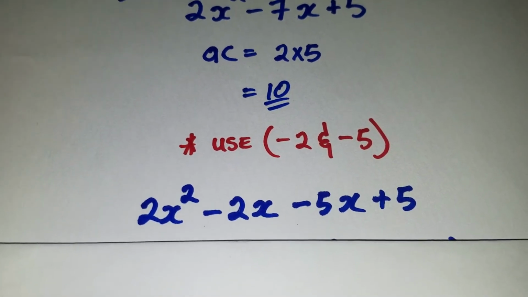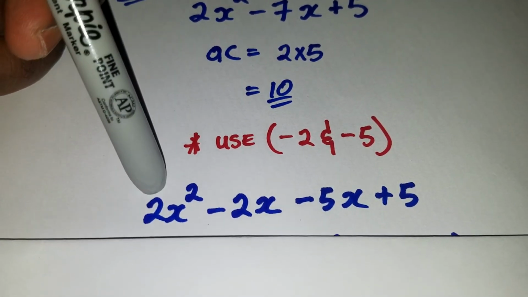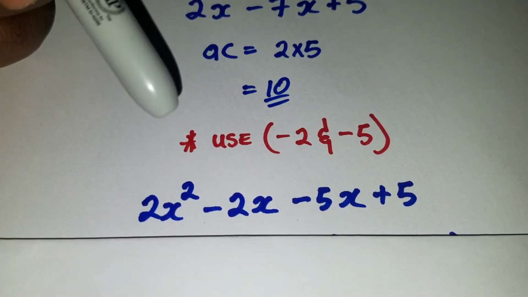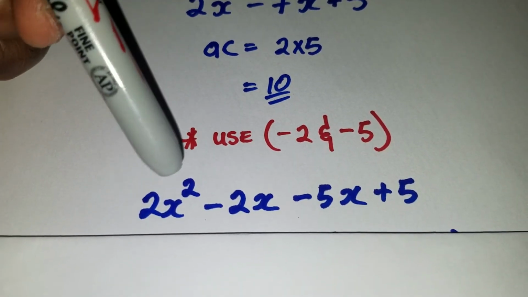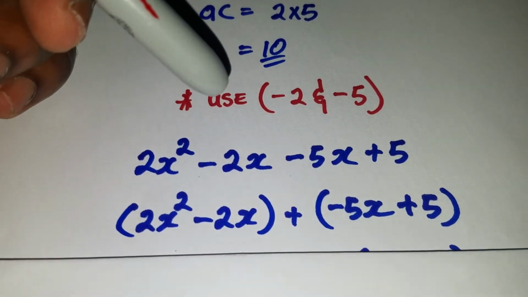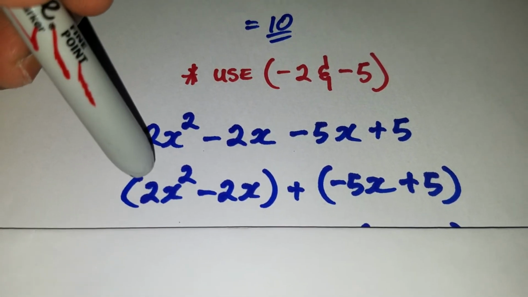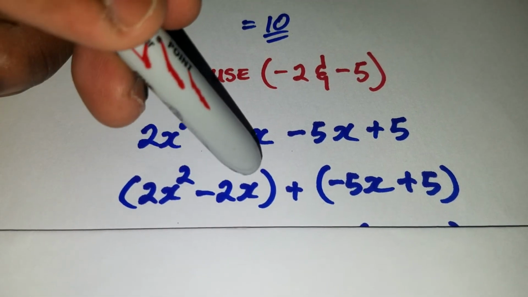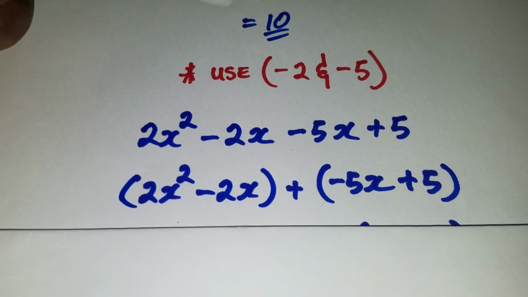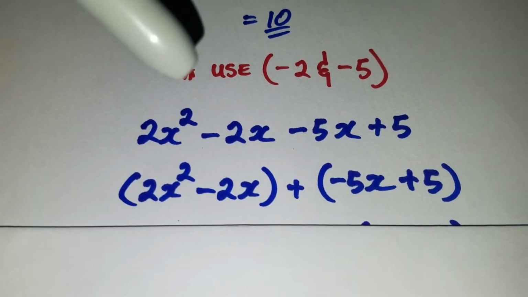As we can see here, we rewrote everything: 2x squared minus 2x minus 5x plus 5. And we're going to split it in two different brackets. Now here we'll see 2x squared minus 2x plus negative 5x plus 5. Now we're going to factor out the terms.